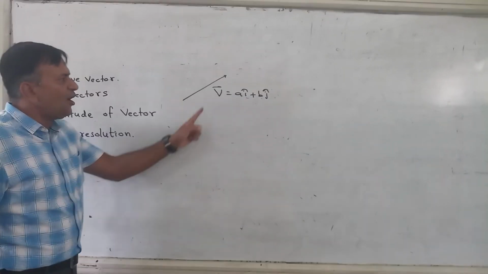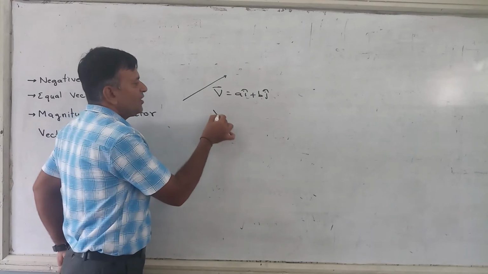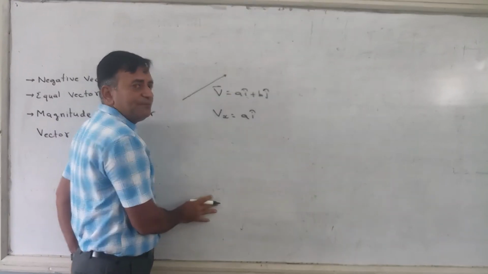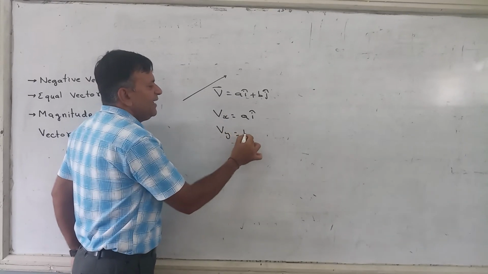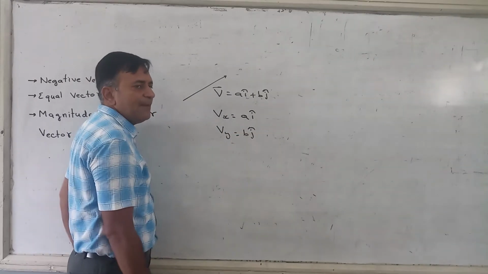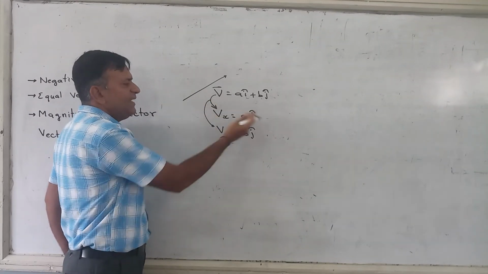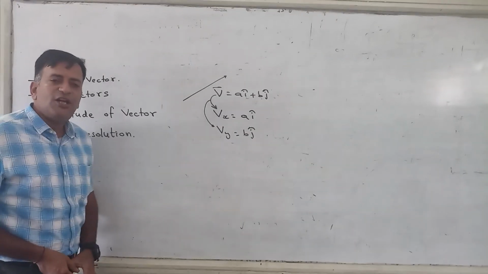Now what is the component of this vector in the x direction? The component of this vector in the x direction is ai cap. The component in the y direction is bj cap. When I divide this into two parts, this is vector resolution.